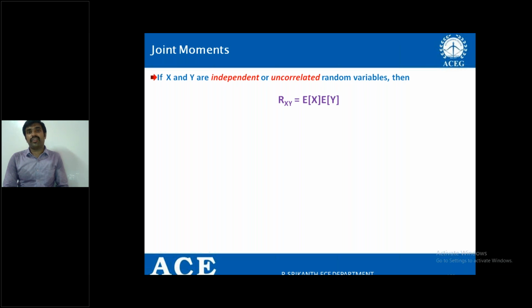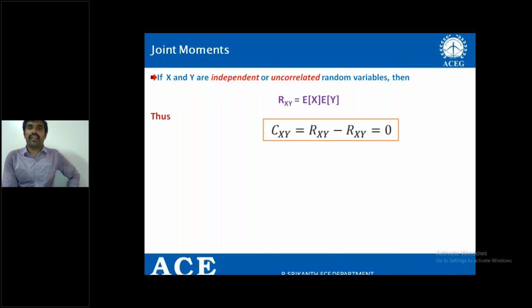If Rxy equal to 0, we call the random variables orthogonal random variables, right? Then we can write the covariance as equal to 0 if they are independent. If the random variables are independent, the covariance is equal to 0, right?